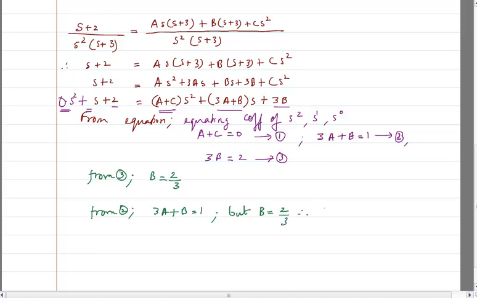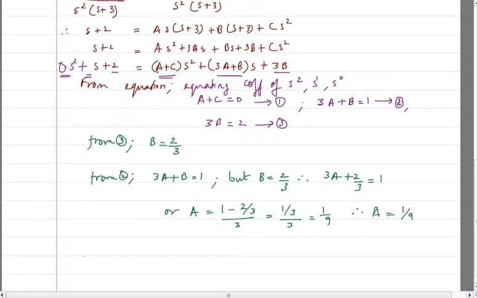Therefore 3a plus 2 by 3 is equal to 1, or a is equal to 1 minus 2 by 3 divided by 3, which comes out to be 1 by 3 divided by 3, which is 1 by 9. So therefore a is equal to 1 by 9.